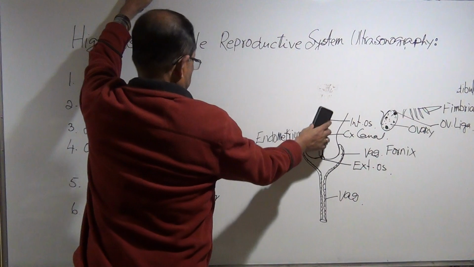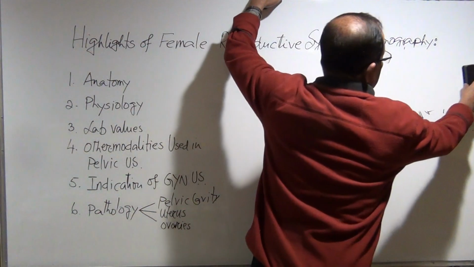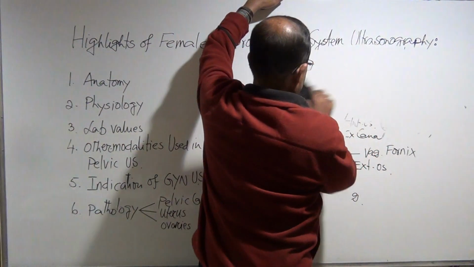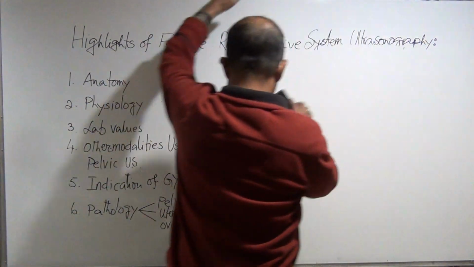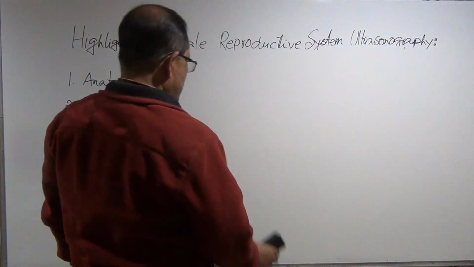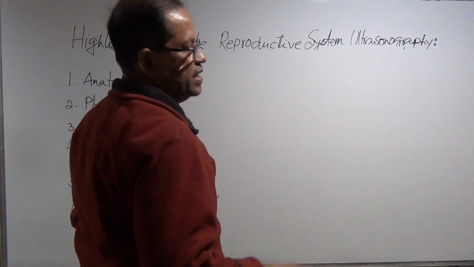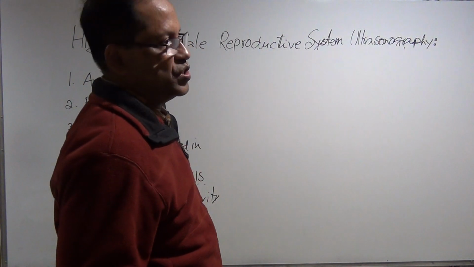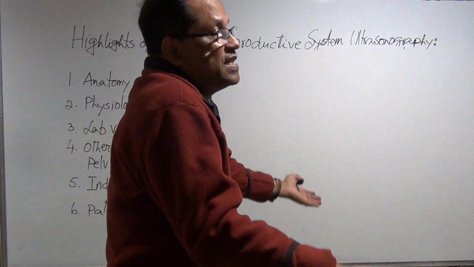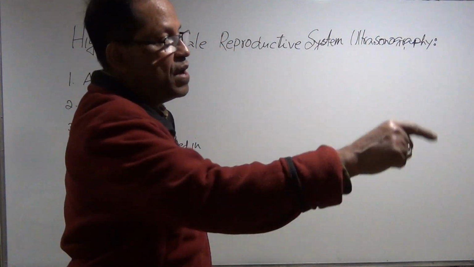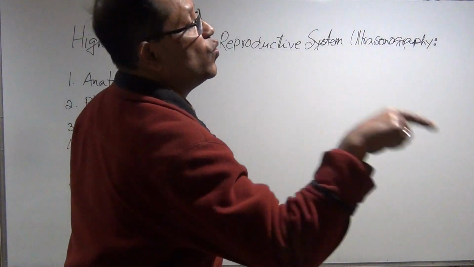I hope you are enjoying the lecture, because I am making it easy by teaching the anatomy along with the clinical importance. Sonographically, why do I need to know this? Because your patient will present this way and you have to find out and point out who is this.